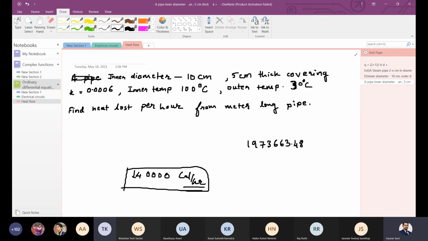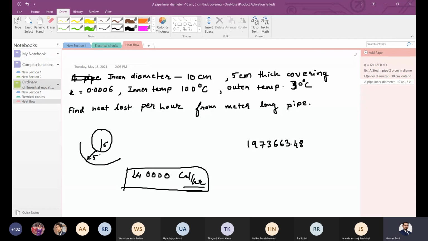Sir, if 5 centimeter is the outer diameter, then while calculating we are getting a negative Q value, right? The 5 centimeter thick covering is not the outer diameter. So inner diameter is 10. So the pipe radius is going to be 5 and the covering given above it is 5 centimeter thick.